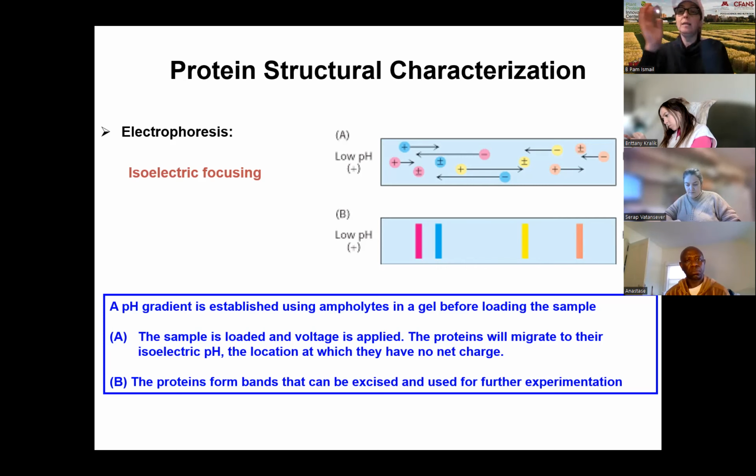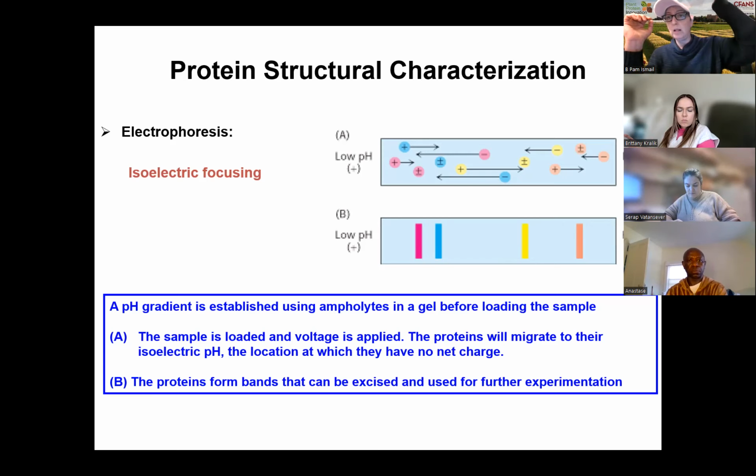So if I want to enhance the separation of my proteins, I would use 2D gel electrophoresis, where I would run my strip first, and then I would get an SDS-PAGE gel, similar to the gel you get, but instead of having multiple wells, like 18 wells or 24 wells or 12 wells, depending on the size of your gel, you will have one long well, longitudinal to the width of your gel, with one well to put the molecular weight marker, and then a longitudinal space where you slide down your strip that you have already run.